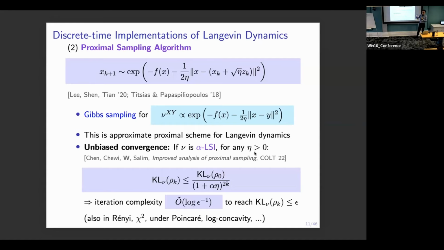Eta will be on the order of 1 over D times smoothness. So this is the outer complexity, and the inner complexity will be running rejection sampling. And what we can show is that the expected number of queries is a constant before success for eta which is small enough. Yeah. Thank you.